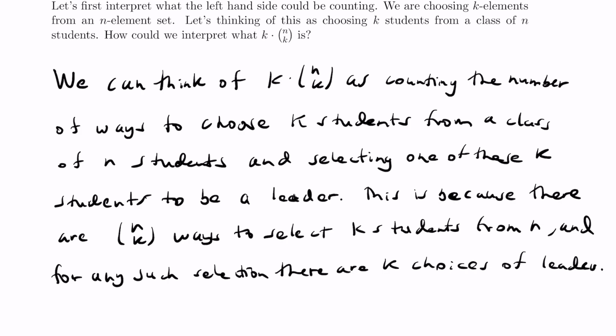So the process we employ to get this number, k times n choose k, is selecting k students from a group of n and then selecting a leader.